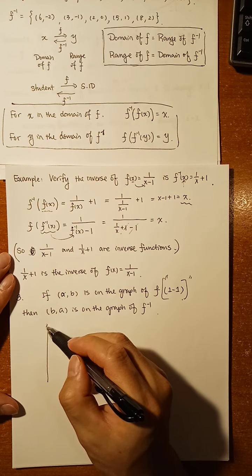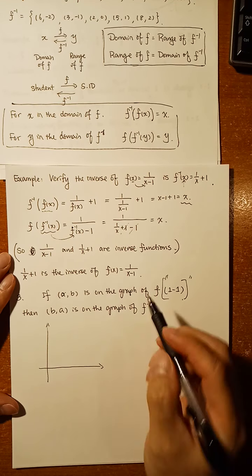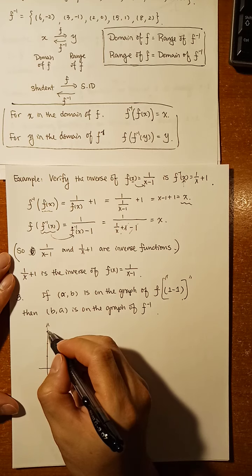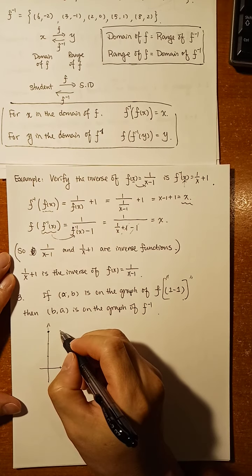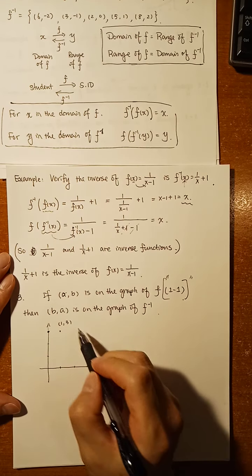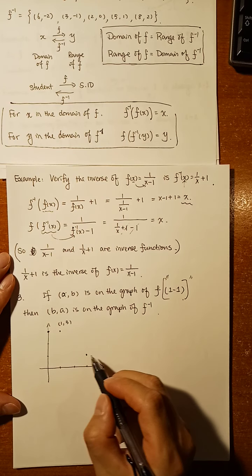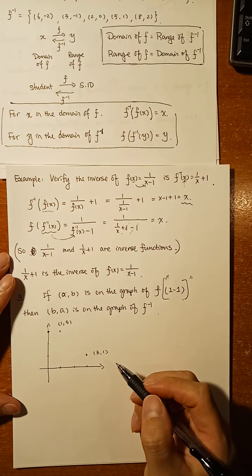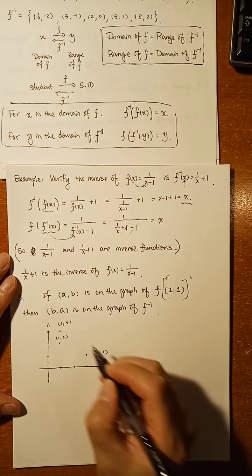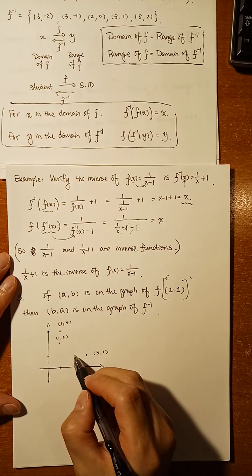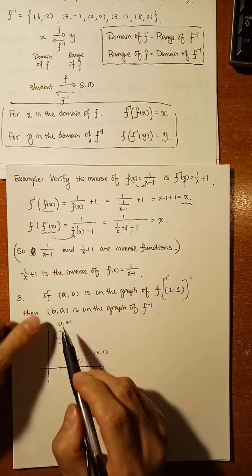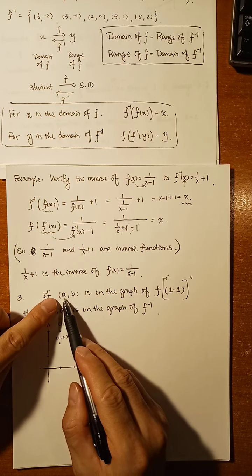For example, let's use a basic 1, 2, 3. Let's check. Assume we have a point (1, 3). If we exchange a and b, we will get (3, 1). (3, 1) is here. Let's check if we have (1, 2). (1, 2) is here. Then you interchange them, you will get (2, 1). (2, 1) is here.